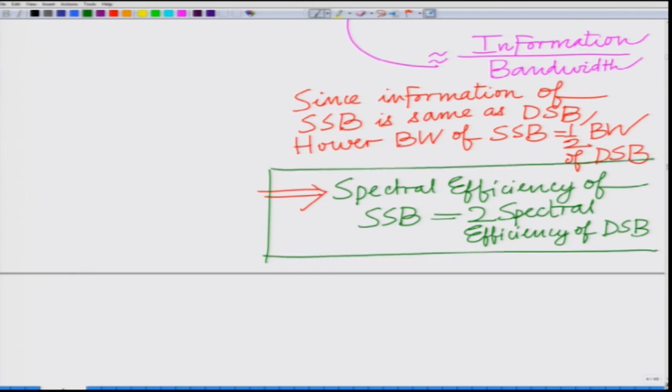So, SSB is a very important scheme, or a very efficient scheme, because it results in a significant reduction in bandwidth. Precisely how much reduction in bandwidth? It leads to a decrease of the DSB bandwidth by a factor of half.